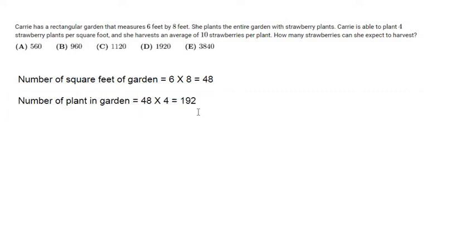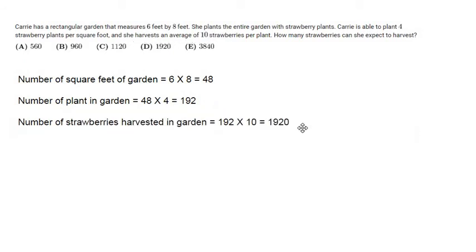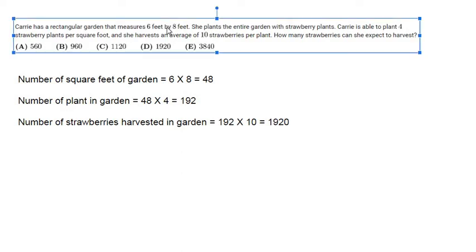So that will be 48 times 4, which is 192. And now we can find the number of strawberries she harvests because we know the number of plants, and she harvests an average of 10 strawberries per plant. So the number of strawberries harvested in the garden will be 192 times 10 equals 1920. So the answer will be D.